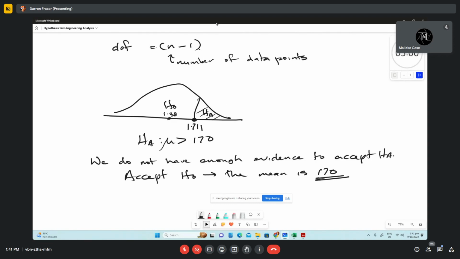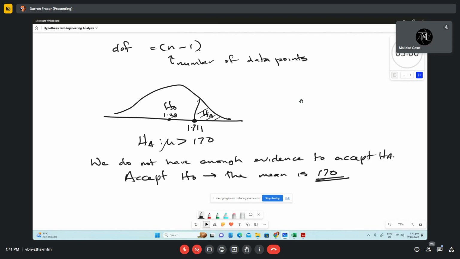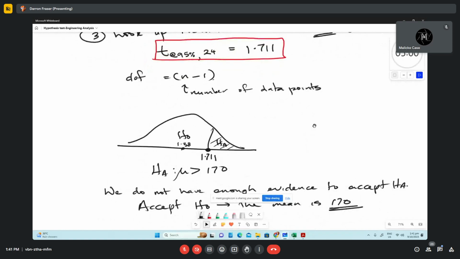So the fourth thing that we have to do is make a decision. First, we have to formulate our hypothesis. Second, we have to calculate our t-value.